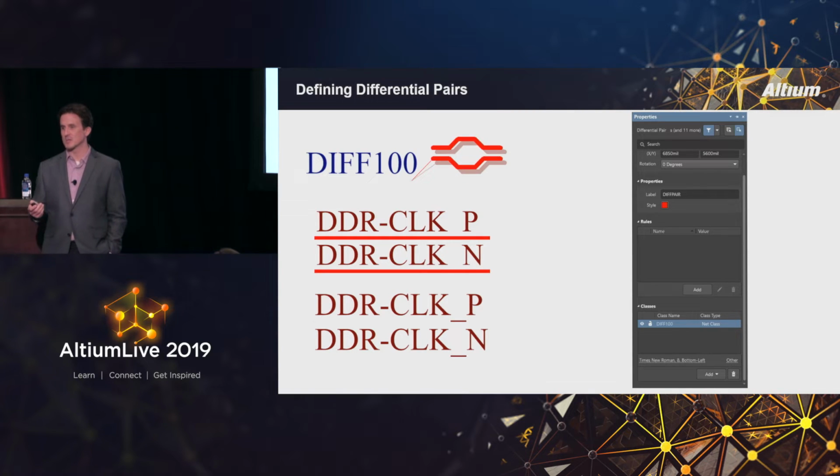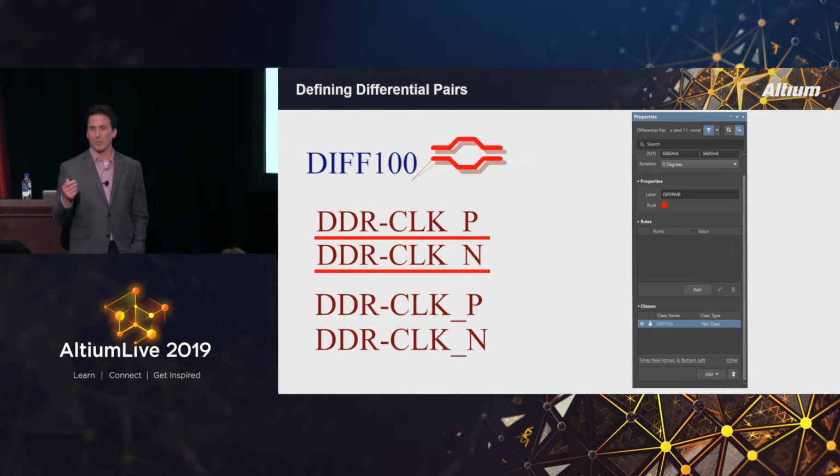We never use underscores. We've had issues where we've had one net named using the underscore and one net named without it, and it gets obscured in the wire in the schematic, so you don't readily pick that up.